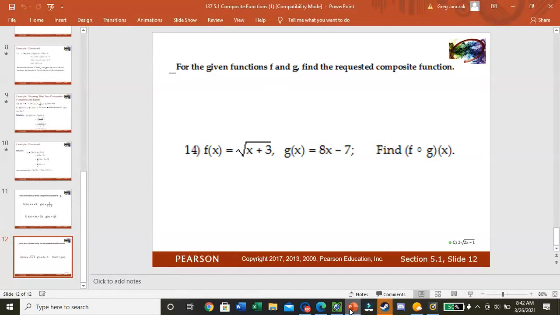For the given functions f and g, find the requested composite function and, I'm going to add to it, find its domain. All right, go ahead and do that one.